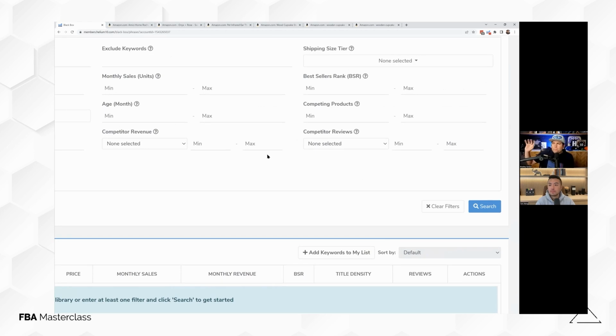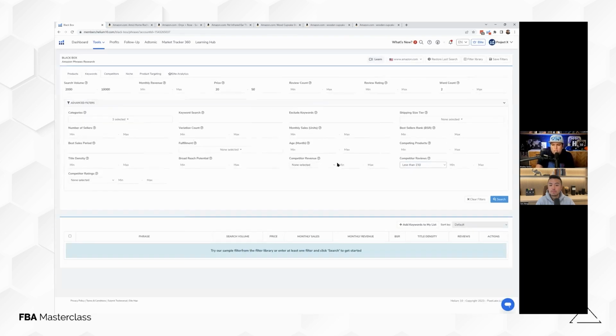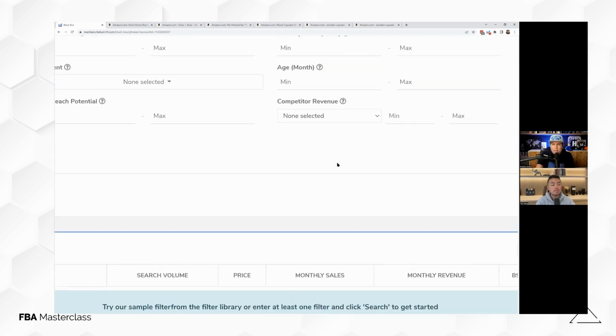With these advanced filters, I'm really laser focusing, not just on what's going on with the entire keyword, not just what's going on on page 1, but what is going on in the first 10 results. Because I don't infinitely scroll when I'm searching. Probably the thing I buy is in the first 10 search results. So what I'm saying here is, hey, Helium 10, show me a keyword that's searched for at least 2,000 times a month.